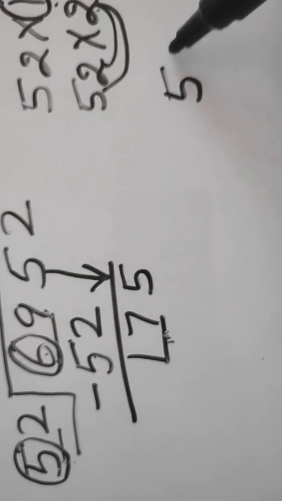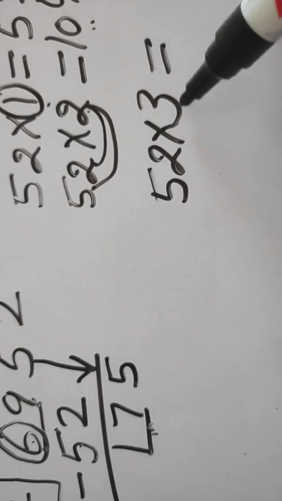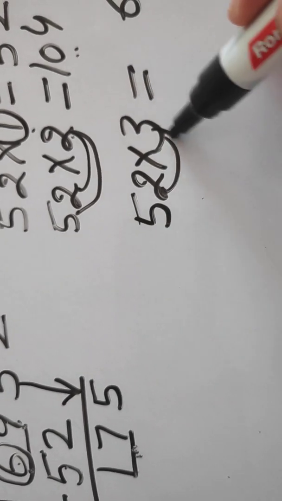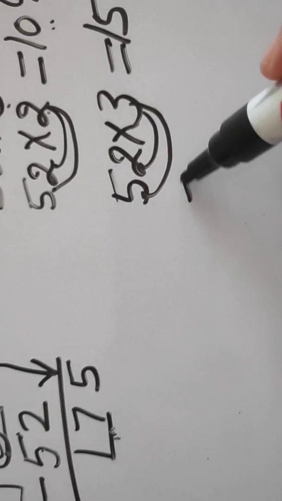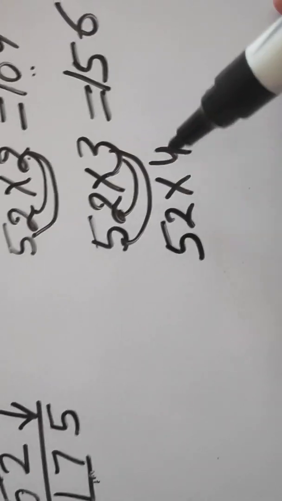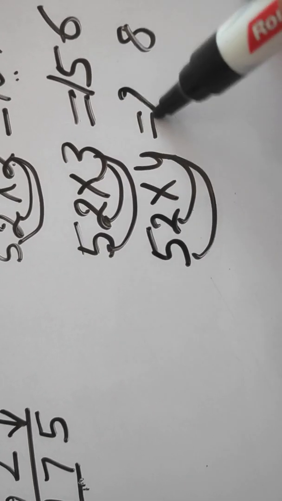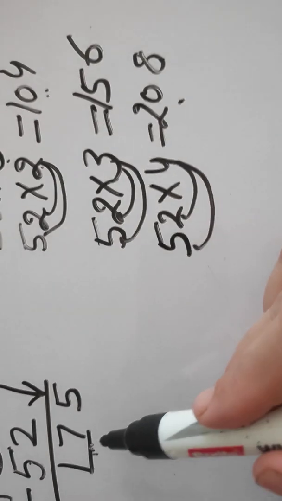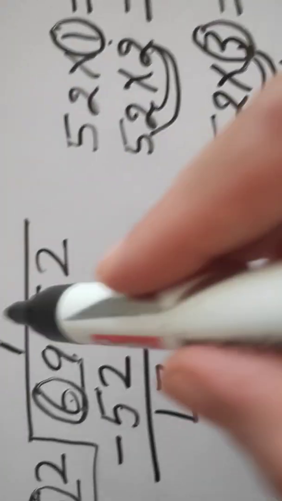We multiply here 52 by 3: 3 twos are 6, 3 fives are 15, so 156. And we will check with the next number also: 52 times 4. 4 twos are 8, 4 fives are 20, 208, which is bigger. It means the table goes on 52 threes are.